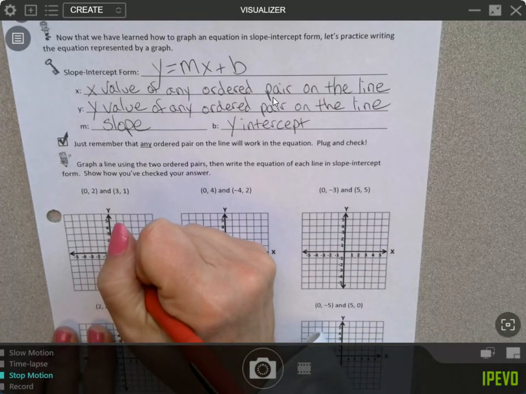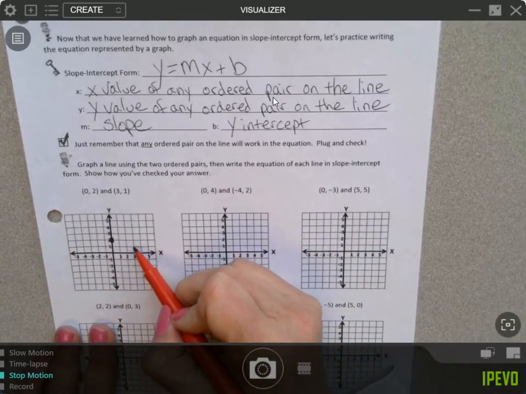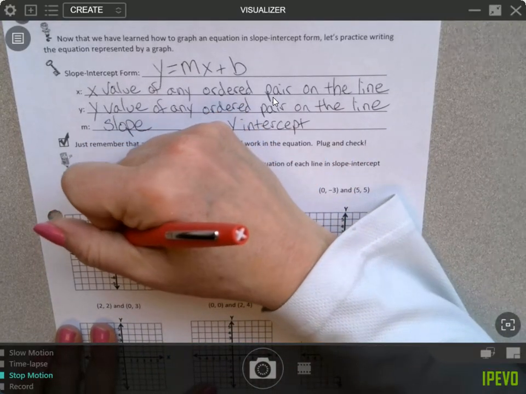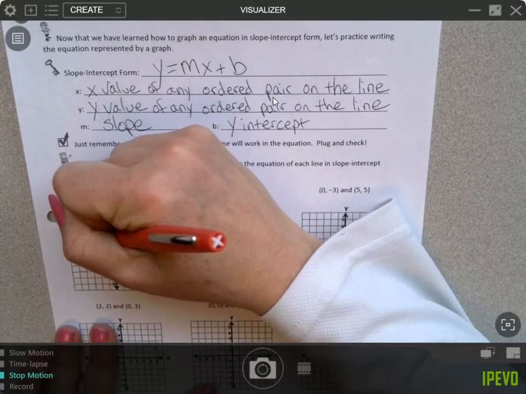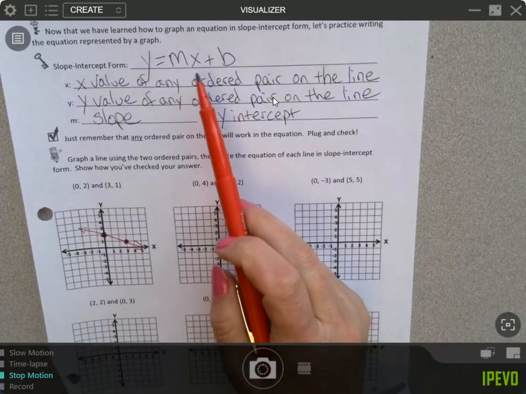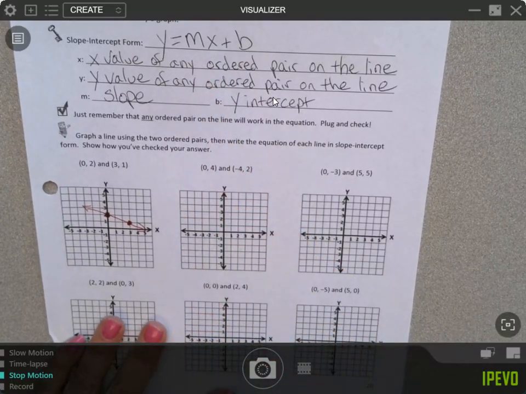So we have (0, 2), and then we have (3, 1). And I'm going to make my line. Now, in order to do y equals mx plus b, I need to find that slope and the y-intercept.